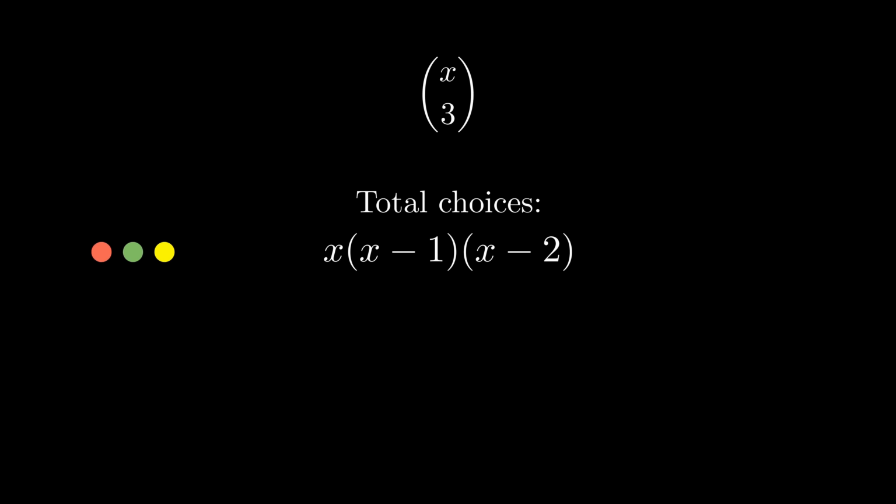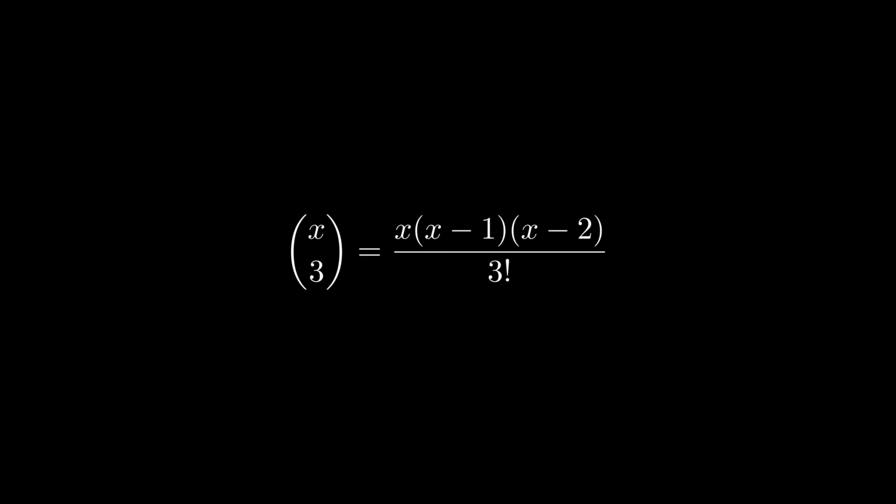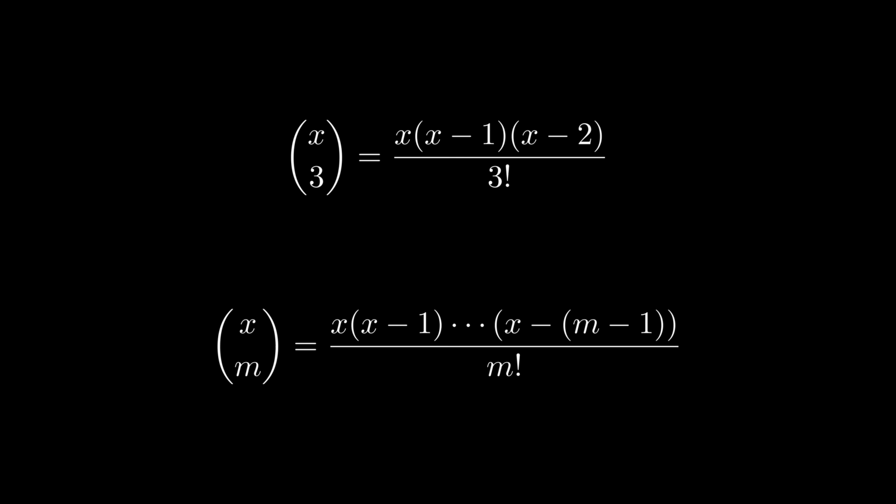But we've overcounted, since we counted each possible order that we could have chosen these 3 items in. Since there are 3 factorial ways to order 3 things, we just have to divide by 3 factorial to get the true answer. And this answer does not require x to be an integer. In general, this is the formula for x choose m.